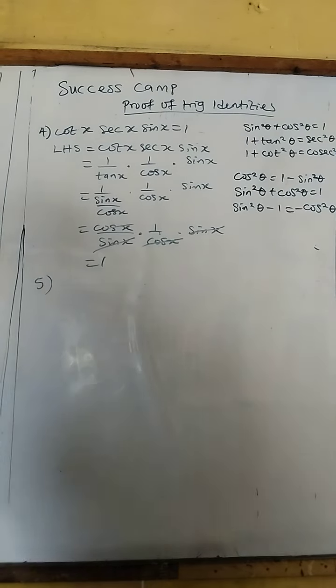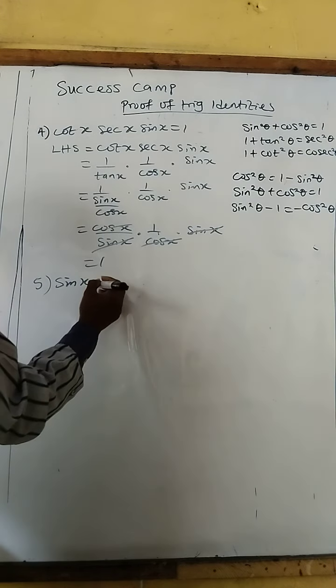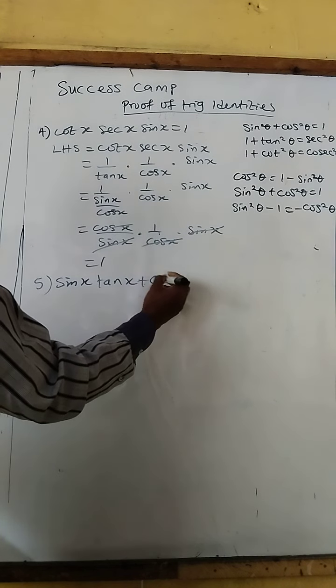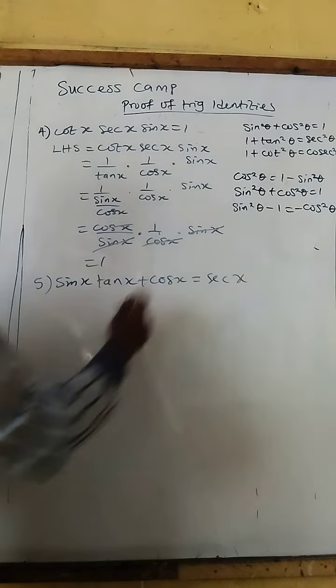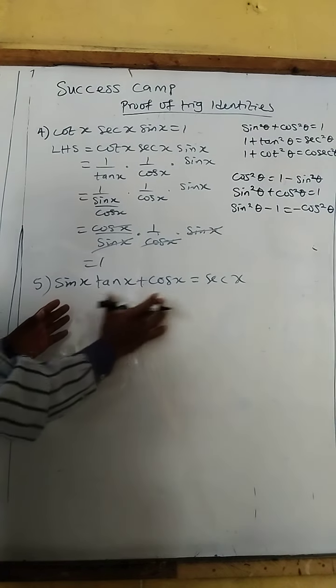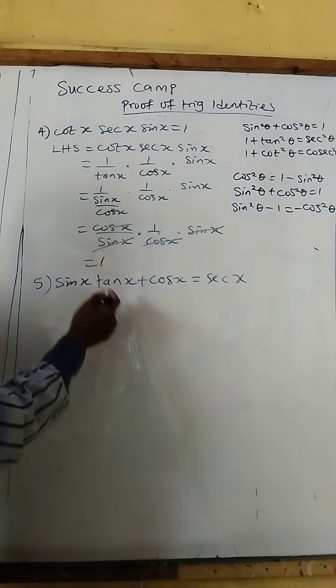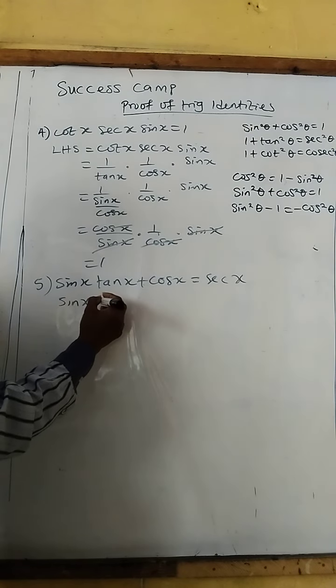And the last one, number 5. Sin x plus tan x times cos x all equals sec x. So this side is more difficult, so we'll work with this side. My sin x does not have anything, so it is still sin x.